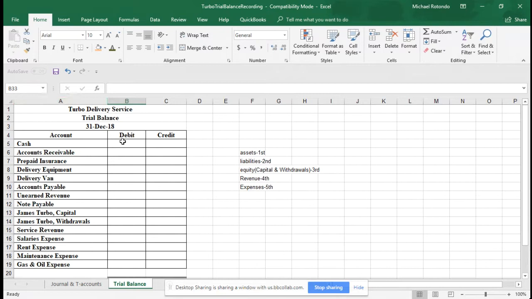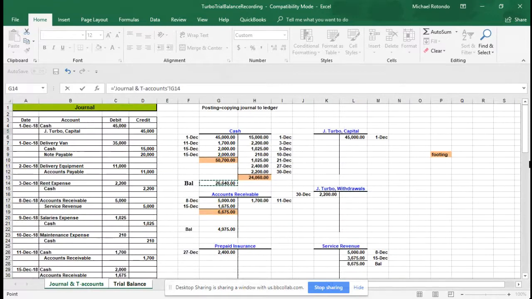So I know that cash has a debit balance, so what I'm going to do is click up on the debit side in the row for cash, and type in equals. That tells Excel that you're starting a formula. And then I want to go back to the Journal and T Accounts tab, and pick up the balance.